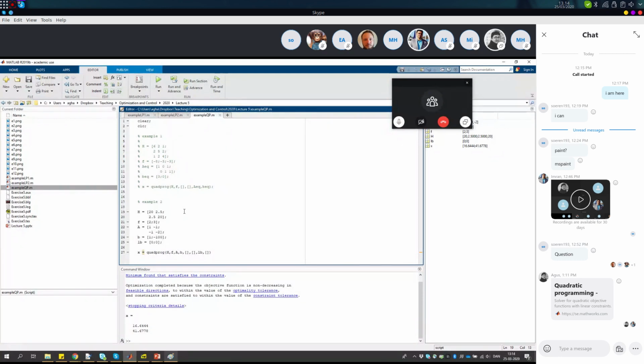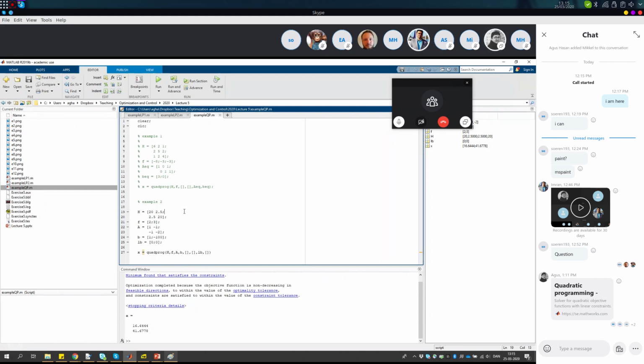But we will not discuss active set method because interior point has superiority compared to active set. And MATLAB actually does not use active set anymore, since I think 3 or 4 years ago. It has been deleted from MATLAB because of low efficiency. Okay, so they're old algorithms. Yeah.